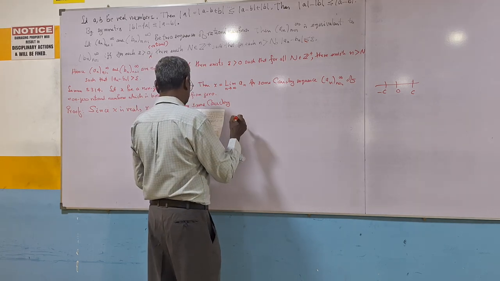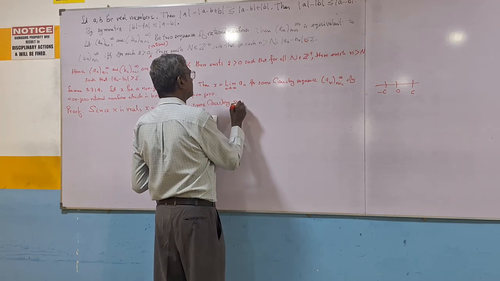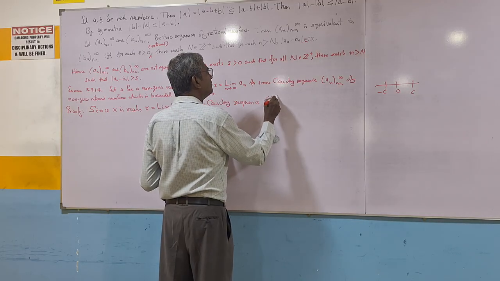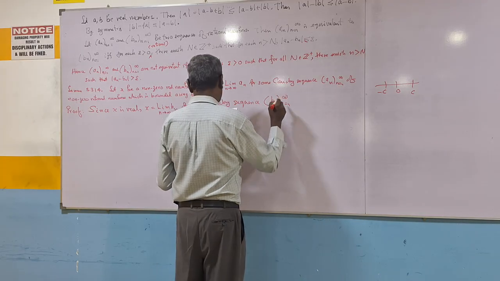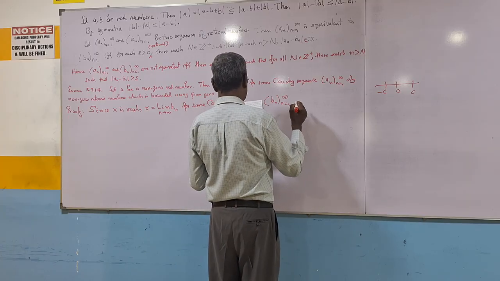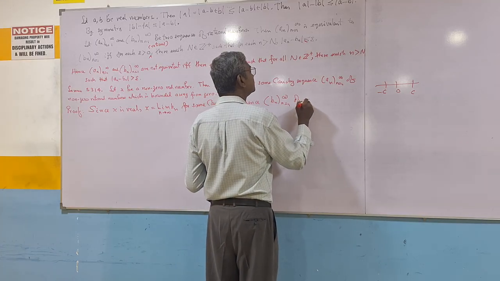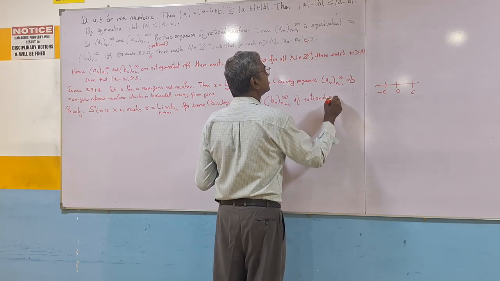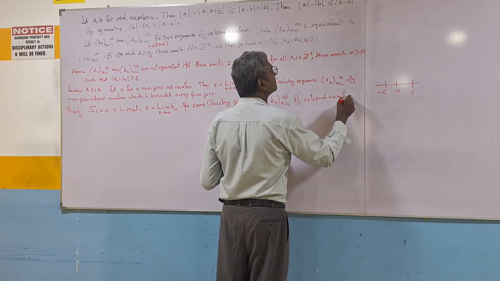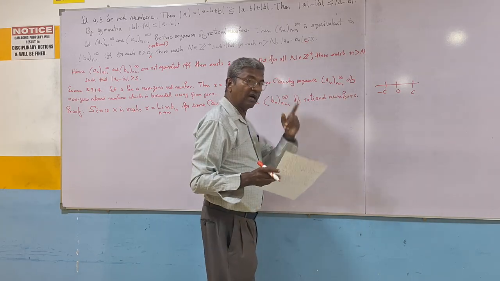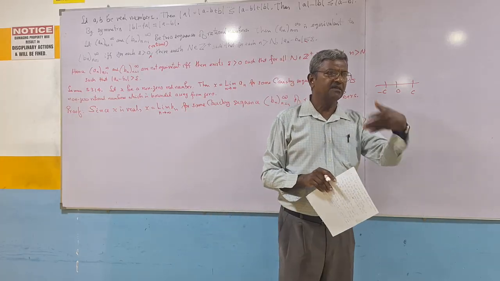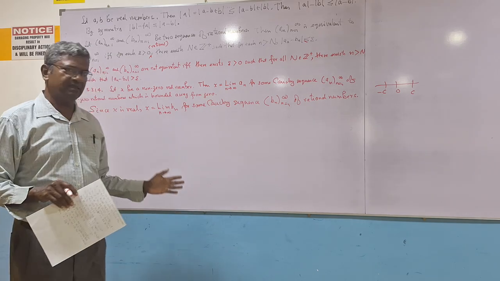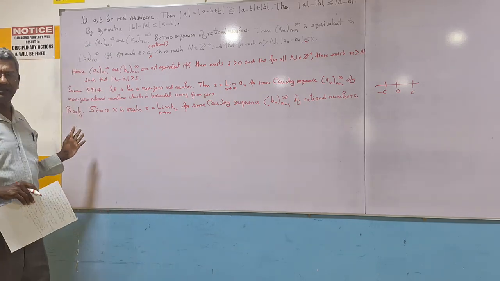For some Cauchy sequence b_n, n going 1 to infinity, of rational numbers. This is not how I have introduced real numbers in your books, in the first year books, but this is a different way of introducing.